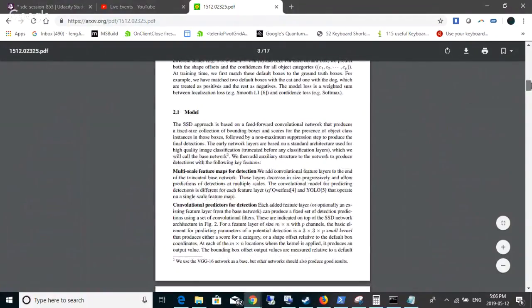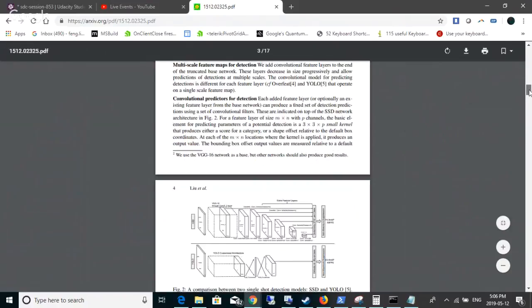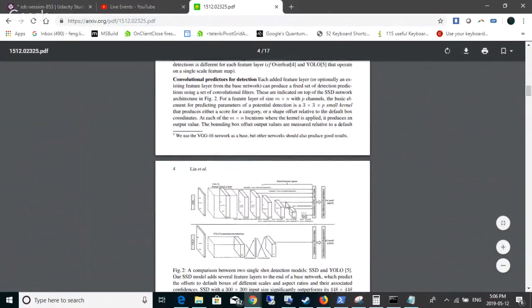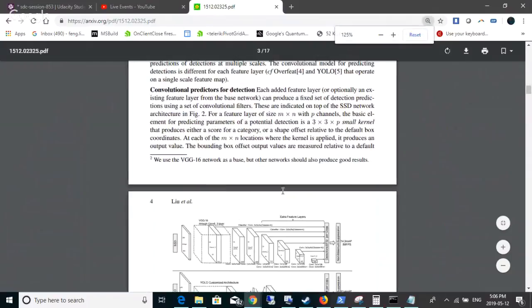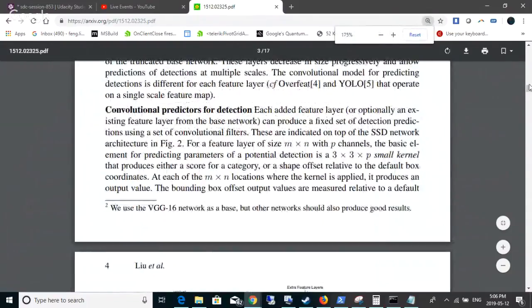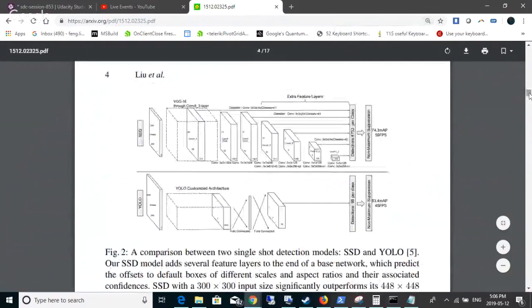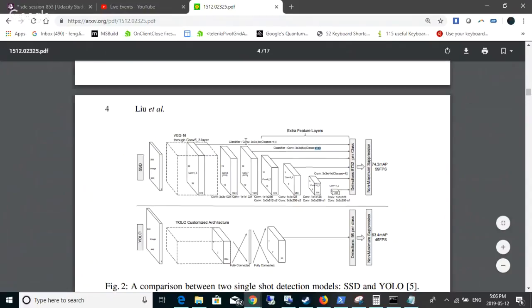What this does is that it uses a feed-forward convolution, and each one of these convolutions is trying to predict the class plus 4, which is essentially how far off your 4 coordinates are from the ground truths.